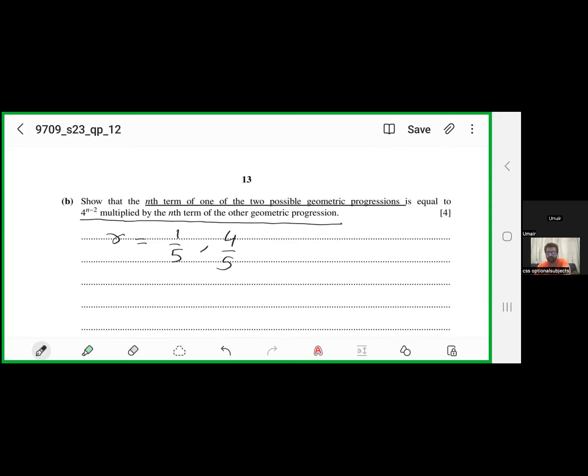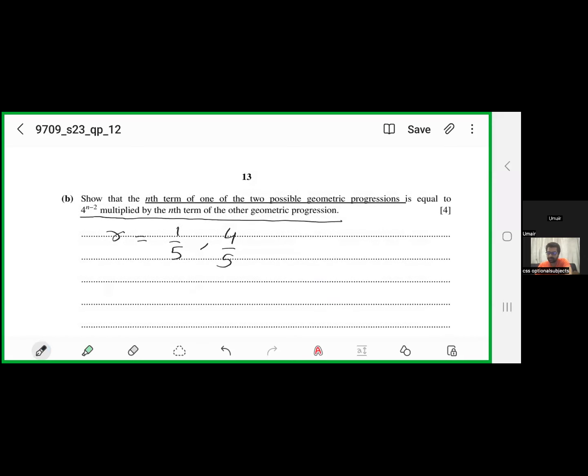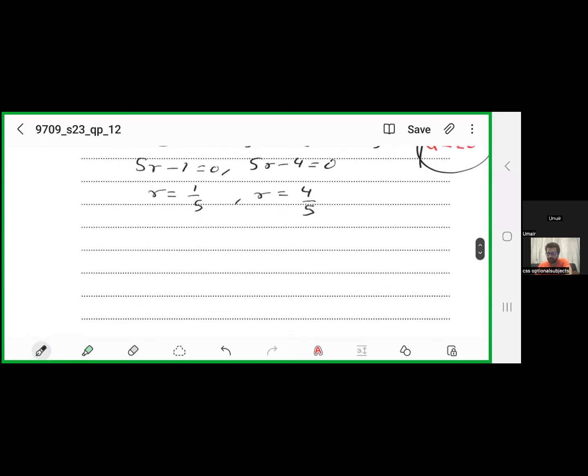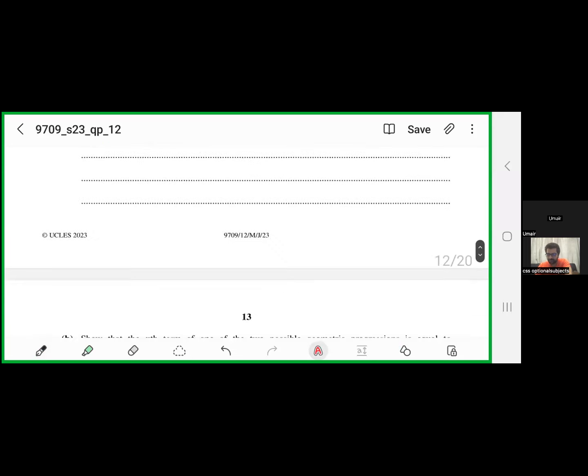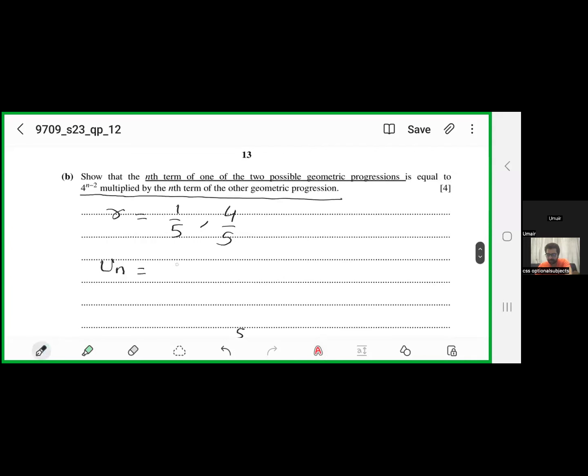Now, if you have to find the nth term of the geometric progression, we can find the nth term of first geometric progression. So we can go back. Now the first term is 20 and the value of r, mean common ratio, is 4 over 5. So you can find the nth term.